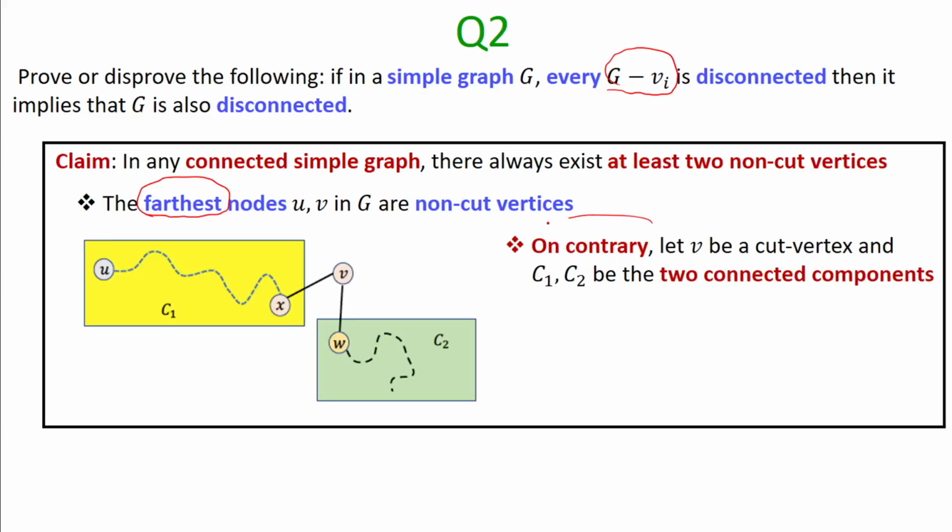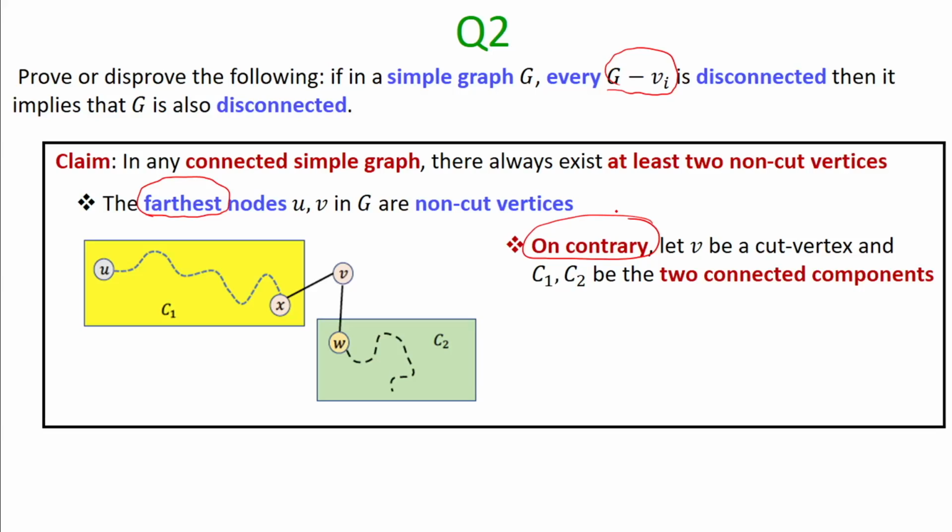So on the contrary, assume that, say, the vertex v is a cut vertex. This is without loss of generality. The same argument is applicable if we assume on the contrary that the vertex u is a cut vertex.